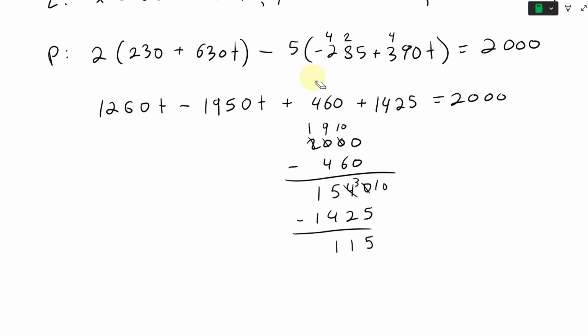So yes, 115. I'll put an equal sign to line it up. This is going to be, and put a T, right here, 1260 minus 1950. But because we're subtracting by a bigger number there, I'm just going to put a negative like this. Then we're going to have 1950 minus.